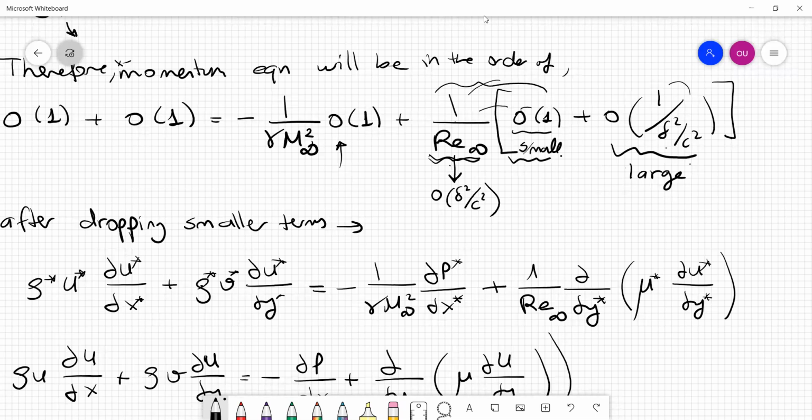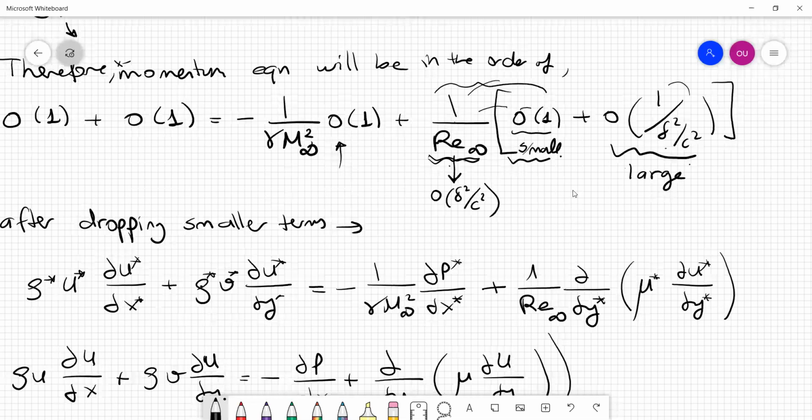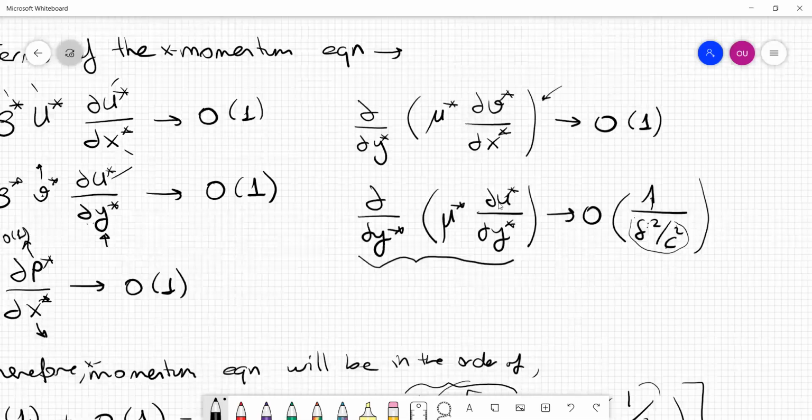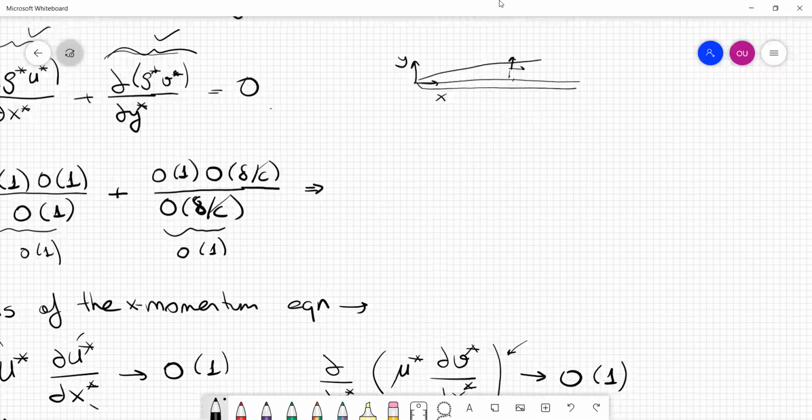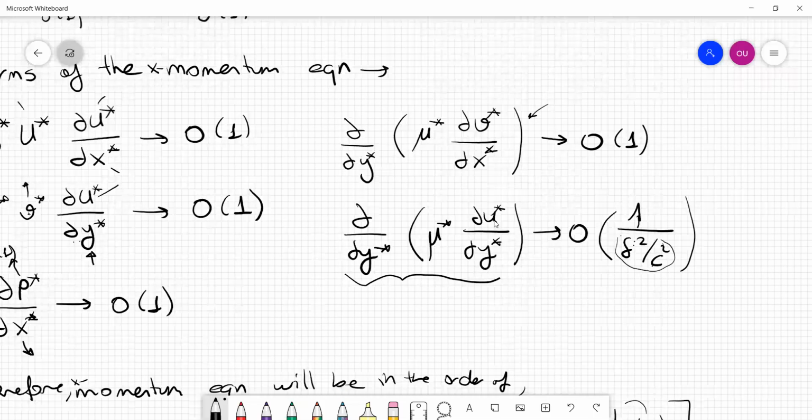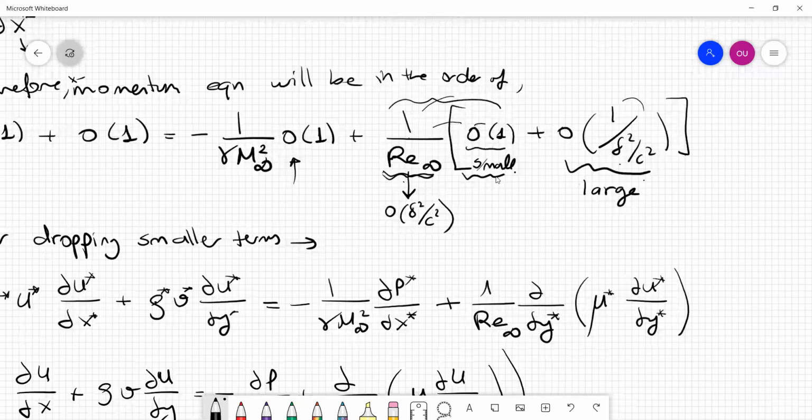But in terms of boundary layer analysis, why is this delta square over C square, where is it getting generated? You are right. It's actually not very straightforward from this equation. I will check that. Okay, I will explain it next time. I will find a better explanation.